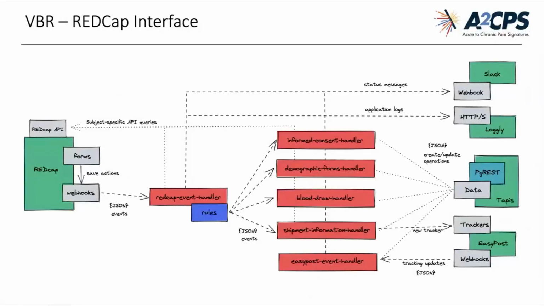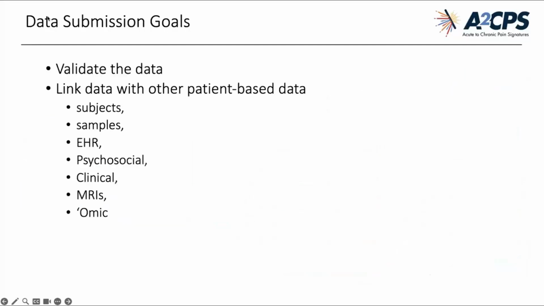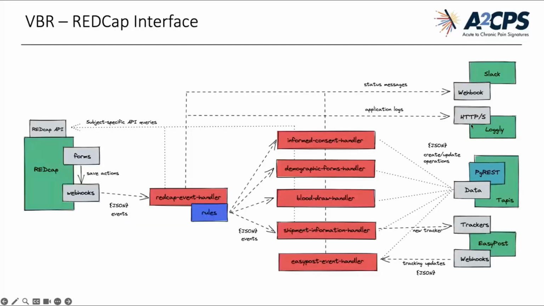So this is how we process all the data from REDCap. Anytime there's some event, we get a push webhook. And depending on whatever the instrument is or whatever the form is, we have something to handle it. And the goal is to collect all that data into our database.